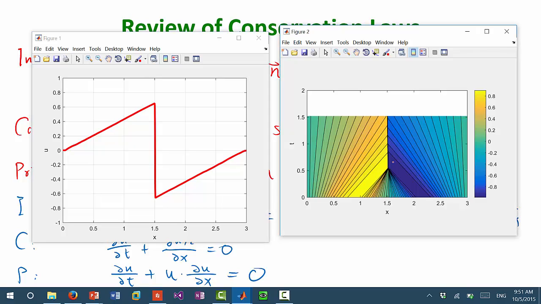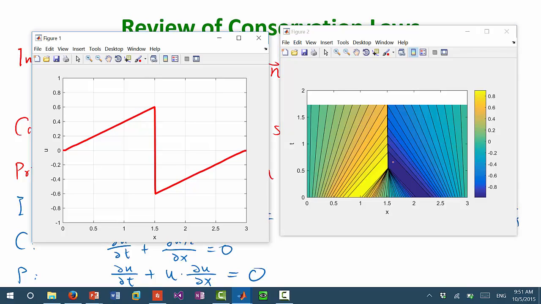Then we can understand the solution of Burgers' equation almost analytically, right? And if we can generalize our analysis to a general conservation law, then we can use that analysis and intuition to predict the solution of general conservation laws. So this is what we are going to be doing in this lecture.